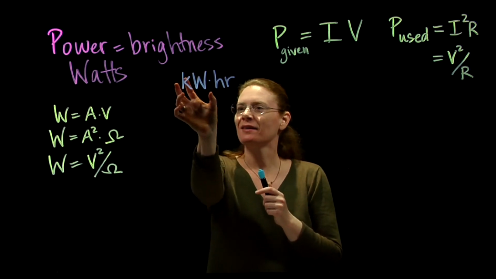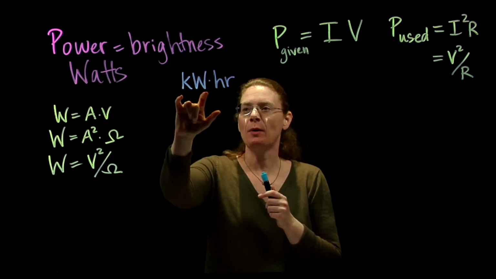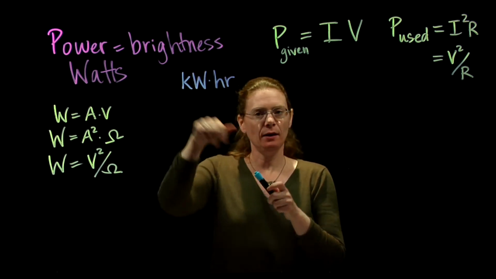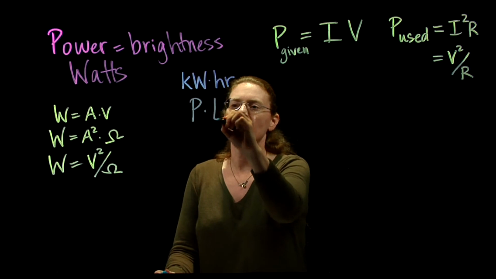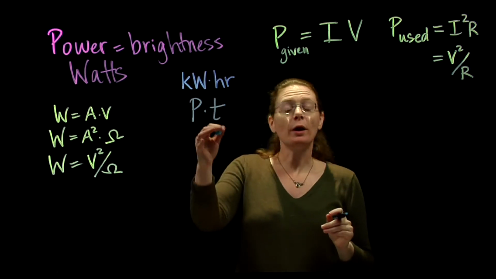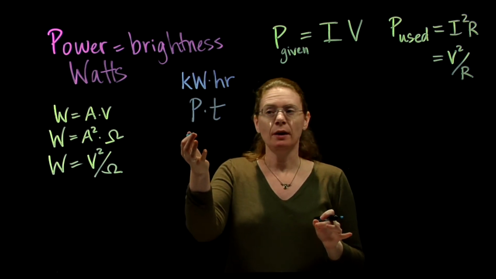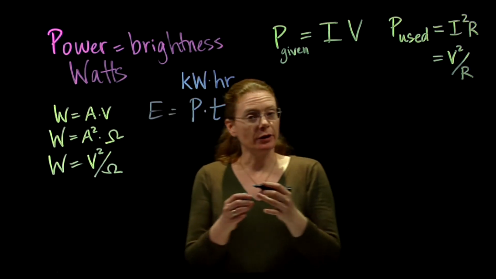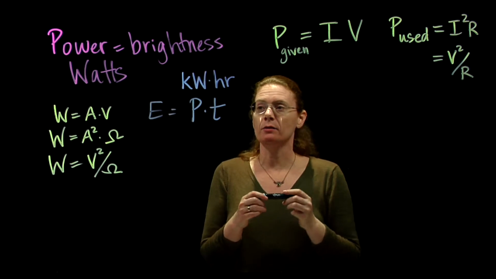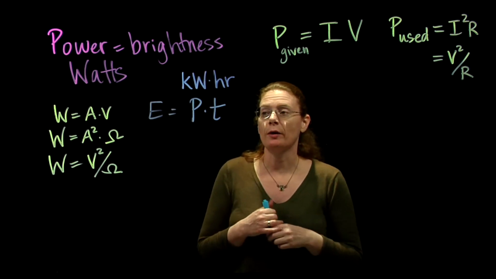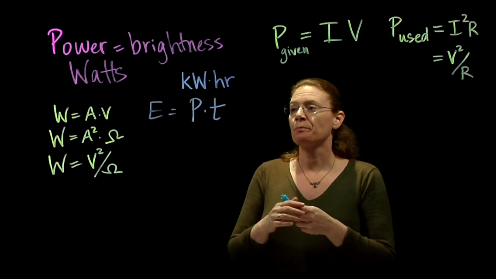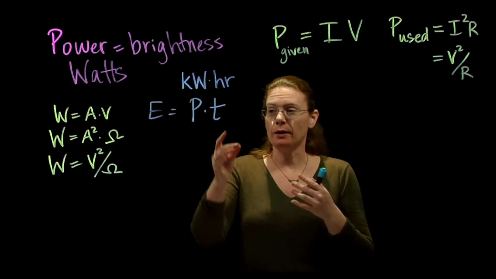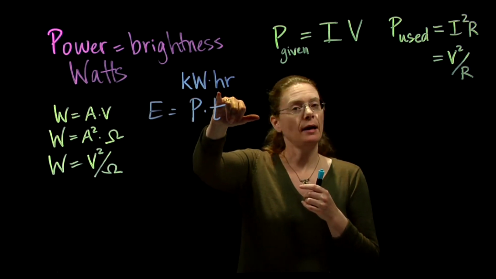A watt, kilowatt, that's power. But this thing here is power times time. So what you're paying for when you pay your power bill isn't actually power. It is technically energy. You are paying for energy. And in first semester physics, we talked about energy often in terms of joules, but another unit of energy would be a kilowatt hour.